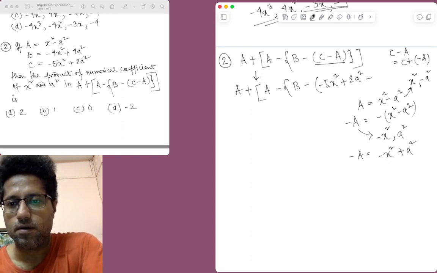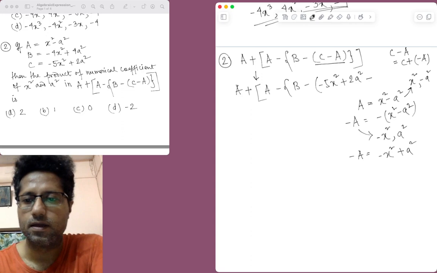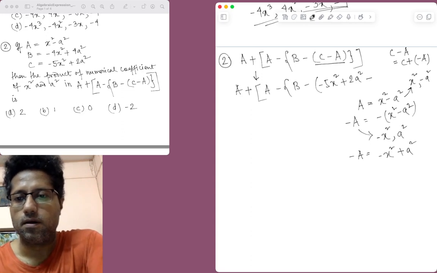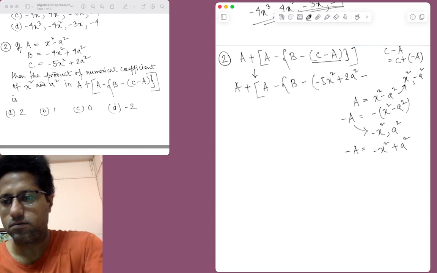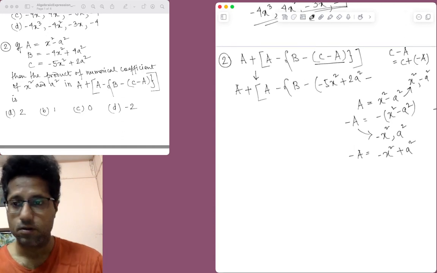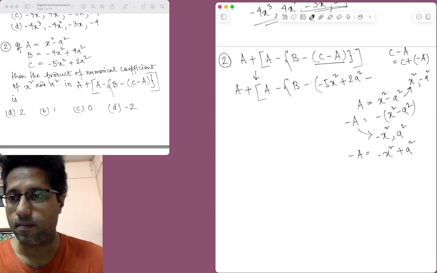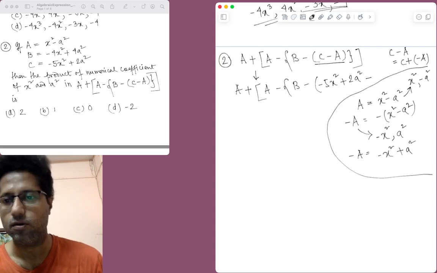So this we got, minus a equals minus x square plus a square. Okay, so let me mark this as a side note.